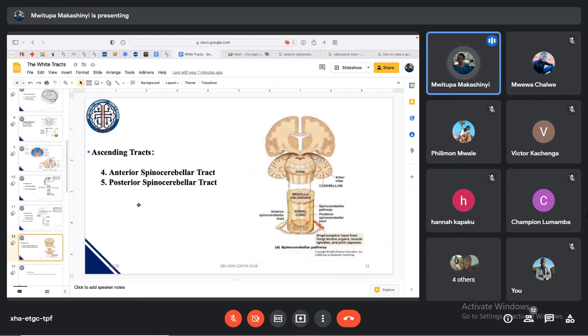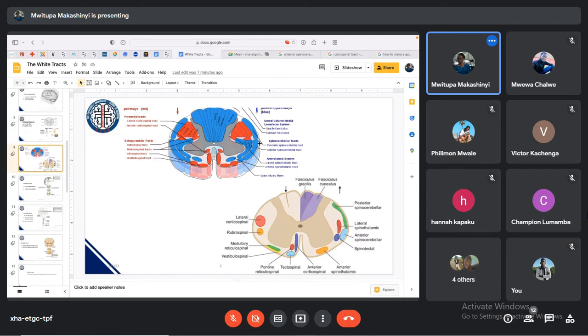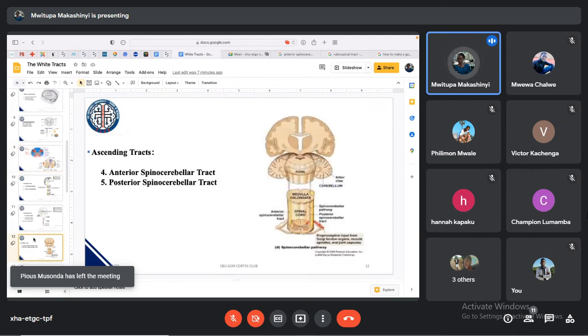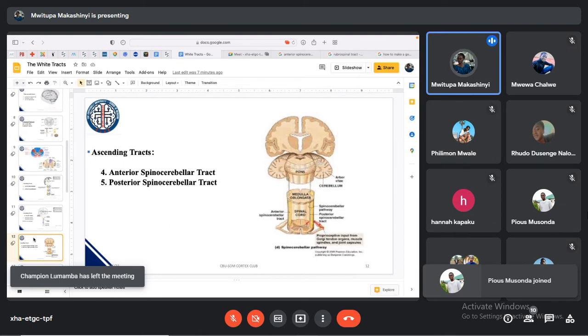So the anterior and posterior spinocerebellar tracts, location in the dorsal column and also in the anterior column. And then what sensations do they transmit? The spinocerebellar tracts are involved with gross movements and with unconscious proprioception.